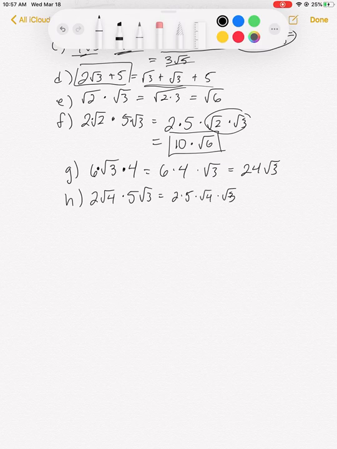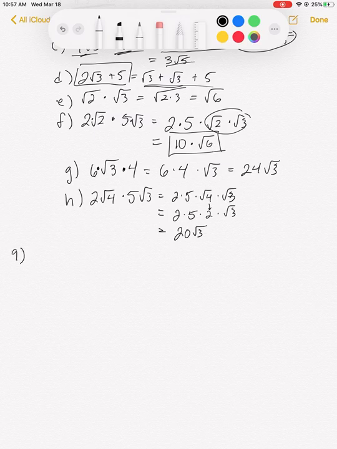Now, when we simplify square roots, we look to simplify as much as we can before we multiply, just like in fraction multiplication. If you notice, the square root of 4 is actually 2. So I can just make that a 2. We have 2 times 5 is 10, 10 times 2 is 20. So 20 square root 3. That'll be the easiest way to solve that problem.